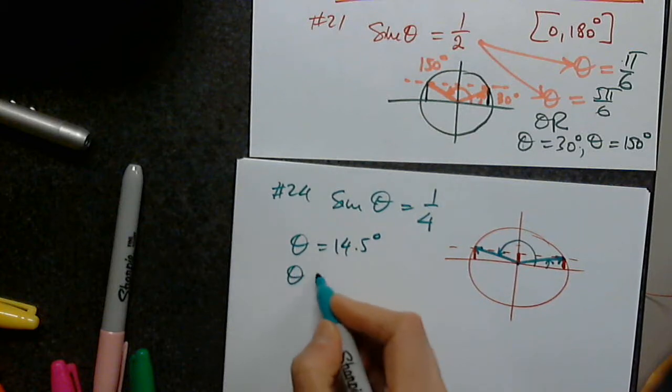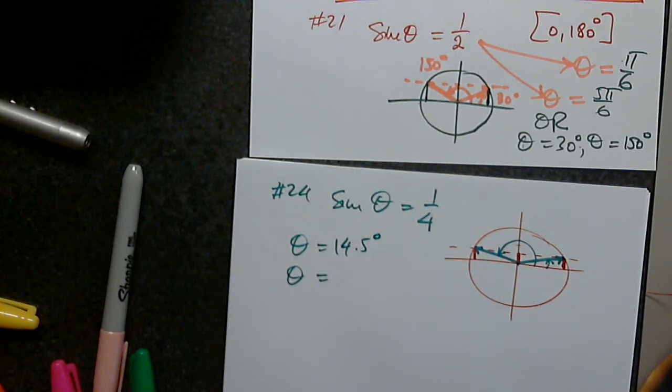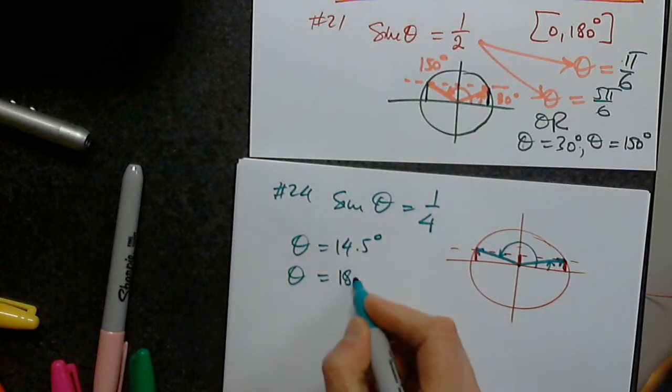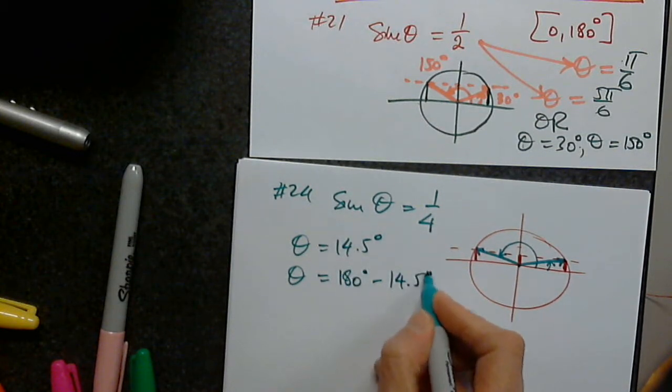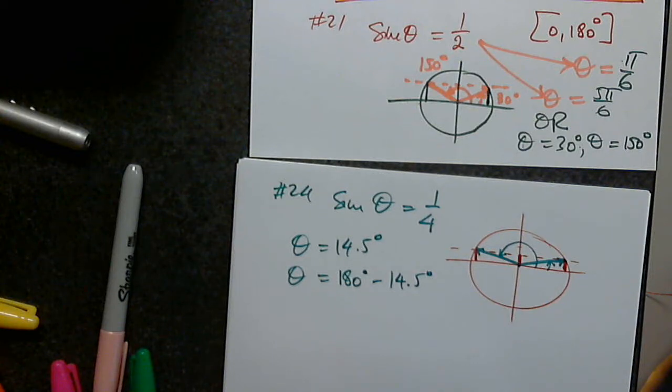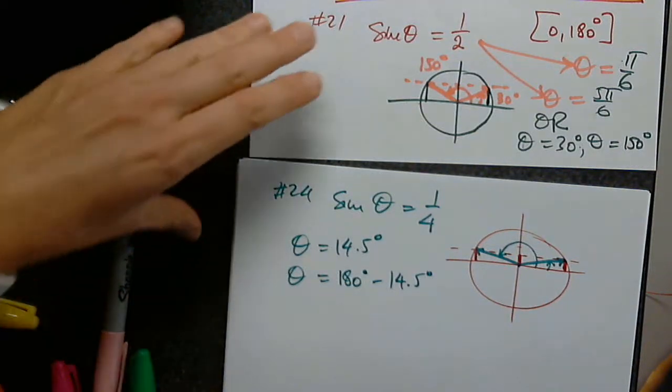The other theta. How will you determine the other theta? We subtract, the reference angle has to be the same, otherwise the height will not be the same. So this is 180 minus 14.5, whatever that is. I also want one in cosine.